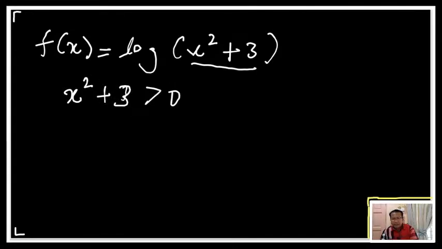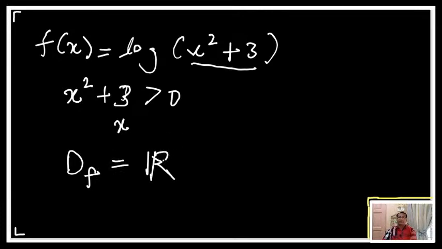Since x squared is always positive, plus 3 is always positive. So the expression is always positive. Therefore, you cannot find x that makes it 0 or negative. So the domain of f is all real numbers. You can substitute any number, and this is defined.